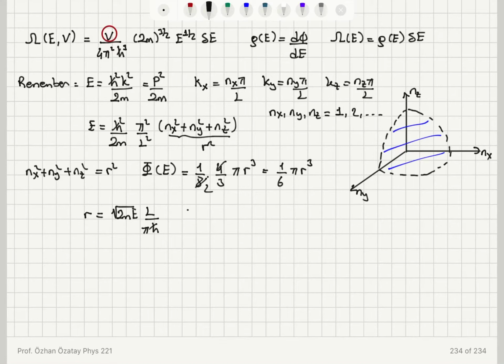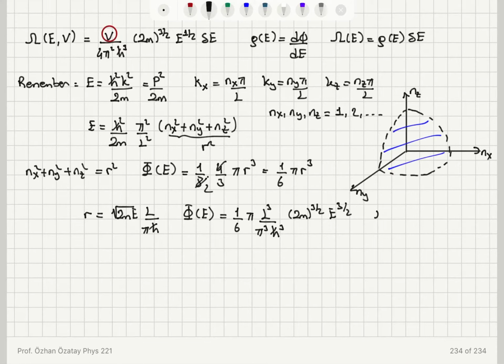So the number of states accessible for energies less than E would be 1/6 pi L cubed over pi cubed h bar cubed, 2m to the power 3/2, energy to the power 3/2.